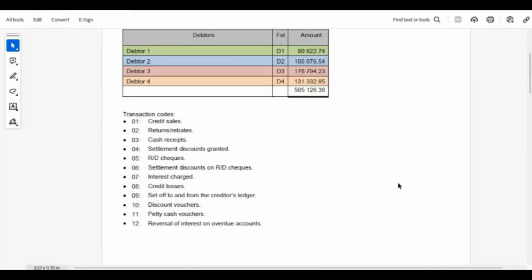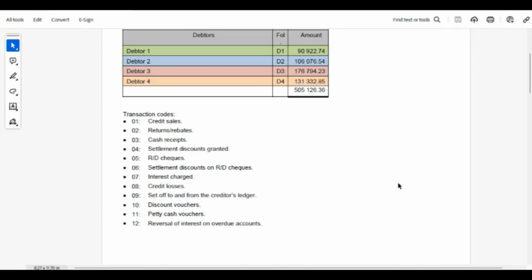They give you certain transaction codes. And they say, okay, if there's going to be a credit sale, you're going to use code 01. If there's any returns, it's going to be 02. If you grant anybody a settlement discount, it's 04 and so forth.